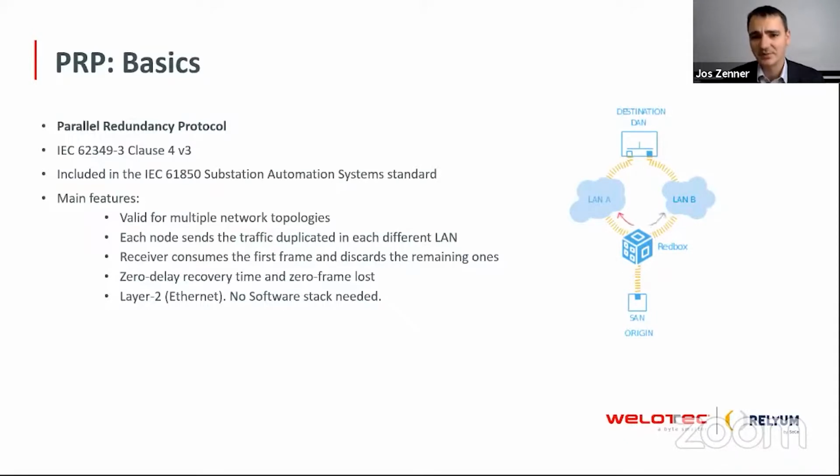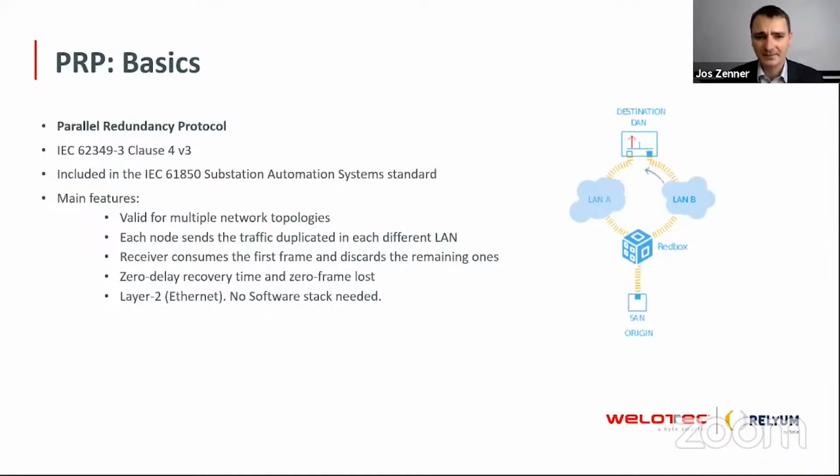In the substation, we talk about the SAN, which is a single attached node, which is just connected with one Ethernet cable to a redundancy box, for example. And we are talking about the DAN, which is a dual attached node, which is connected with two cables at the same time to two different networks for redundancy.